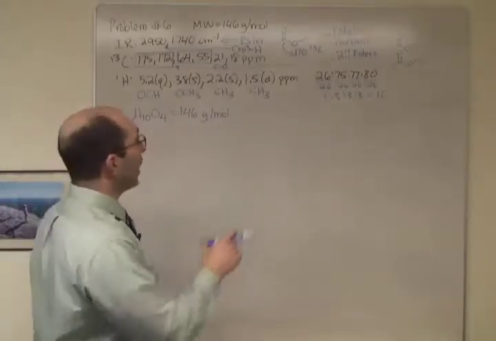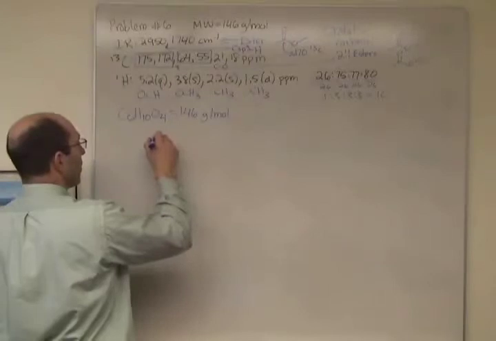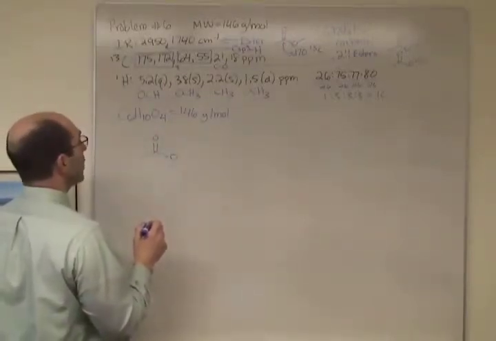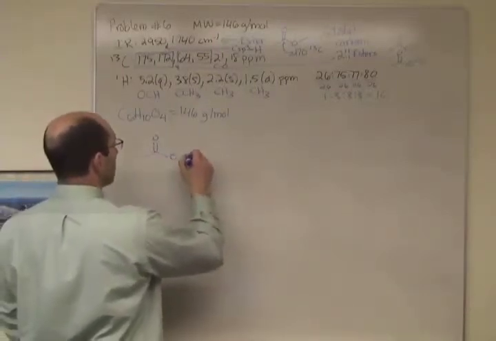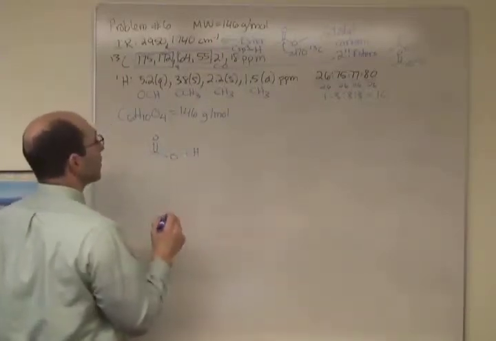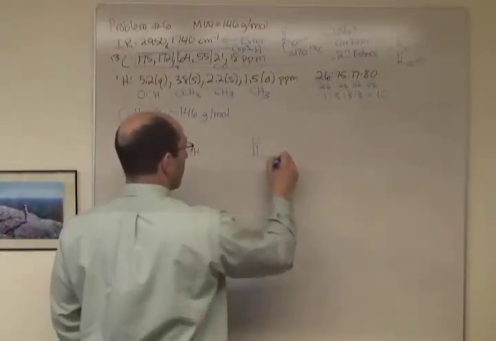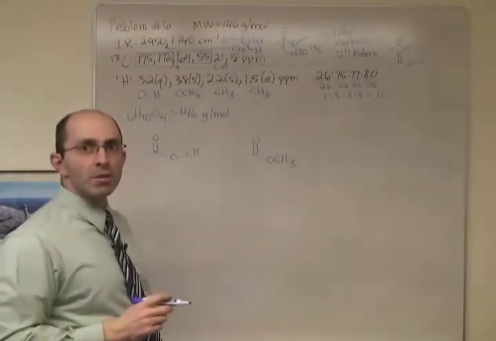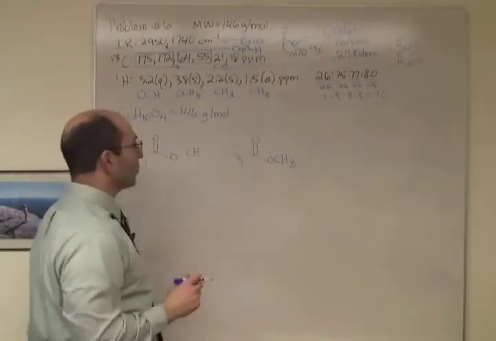And so that starts to help with what we're doing with our esters. We have one of these O's attached to a CH, and then the other one, we have the O attached to CH3. And then we just need to figure out what happens over here, what happens over there.